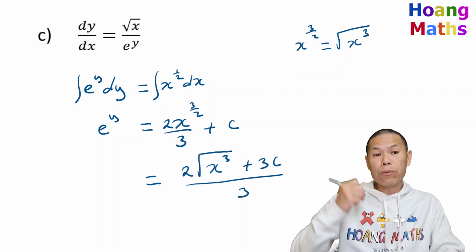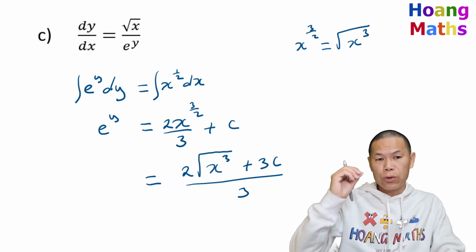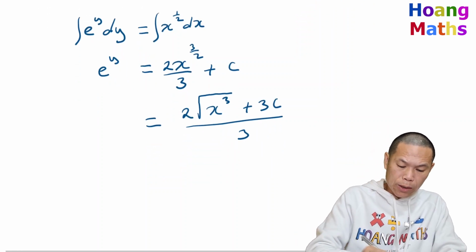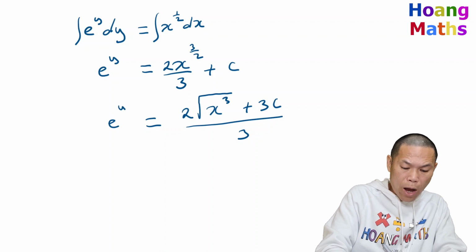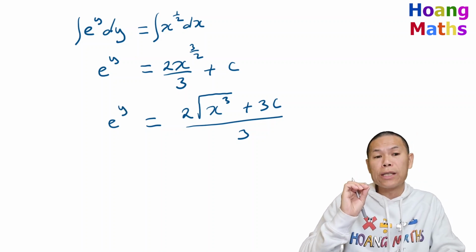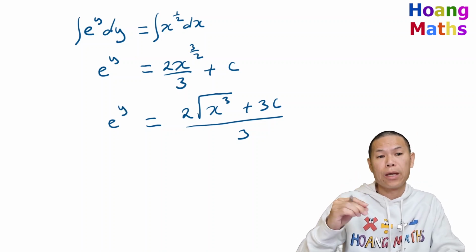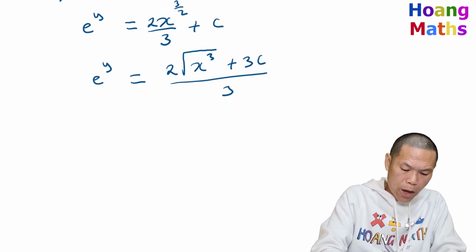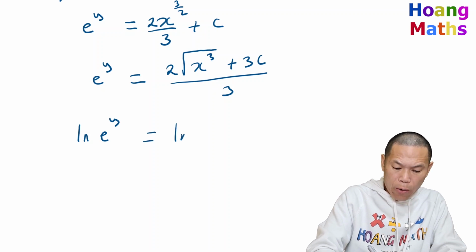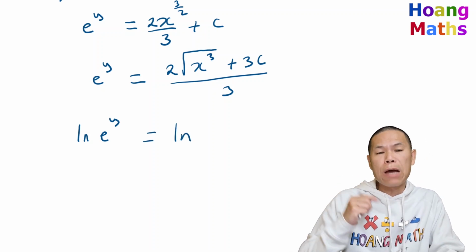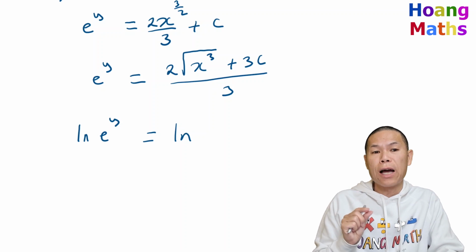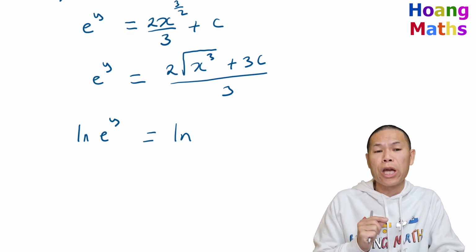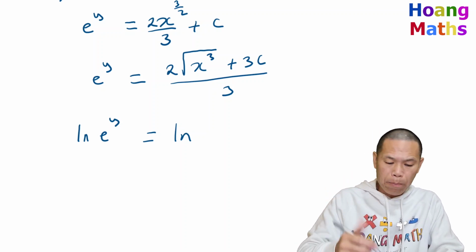So now we have to solve for y. So this is e to the y. So I take log on both sides, that is log base e, which can be written as ln. So ln e to the y equals ln. Don't forget, every time we take log, we should have an absolute value, just in case, because we cannot take log of a negative number.